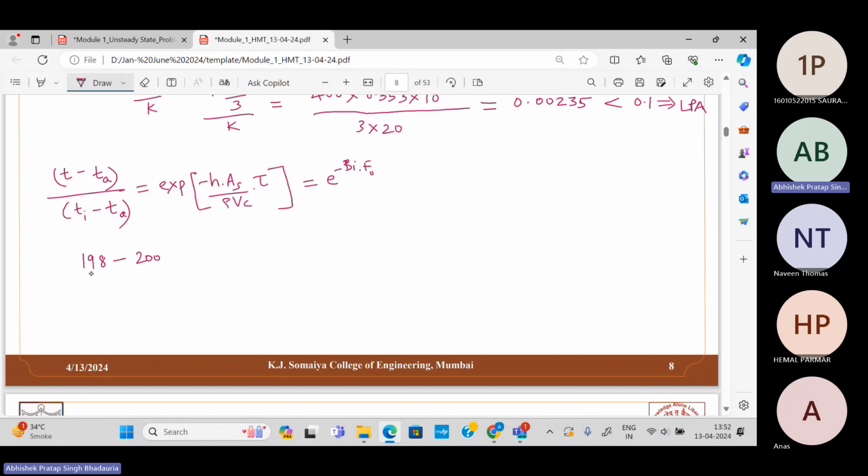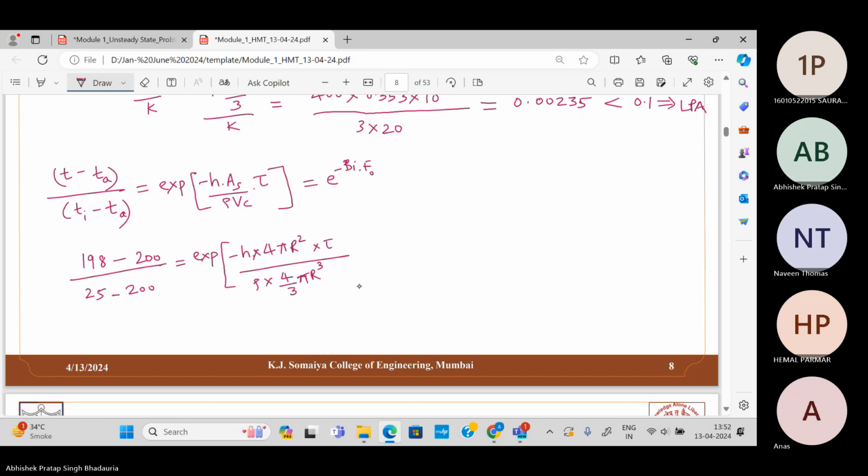198 minus 200 divided by 25 minus 200 is equal to e to the power minus h into 4 pi r square into tau divided by rho into 4 by 3 pi r cube into c.